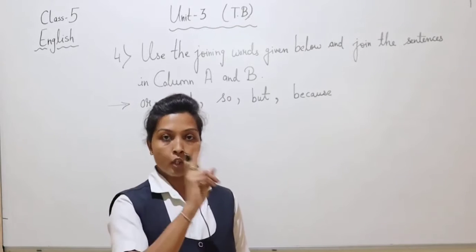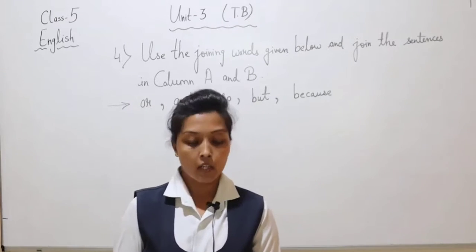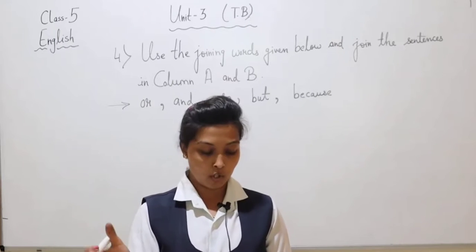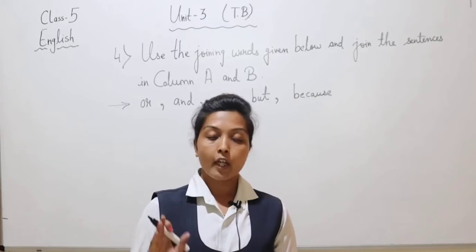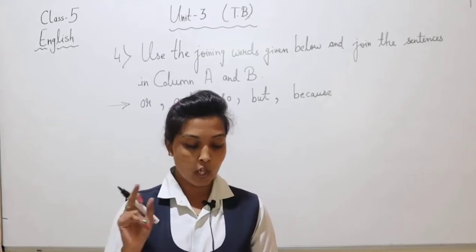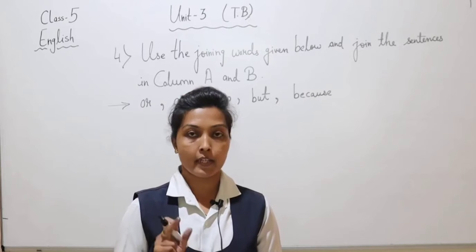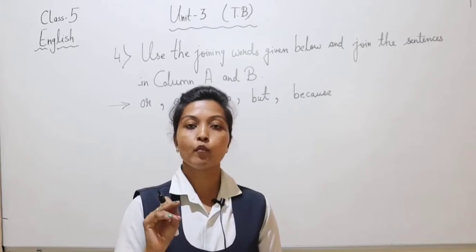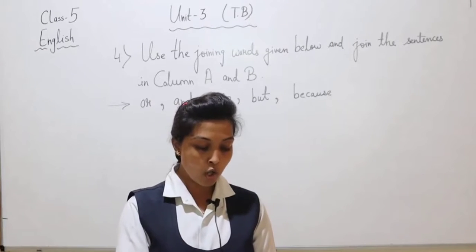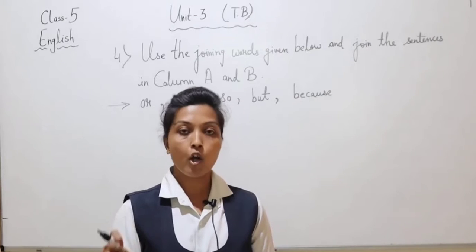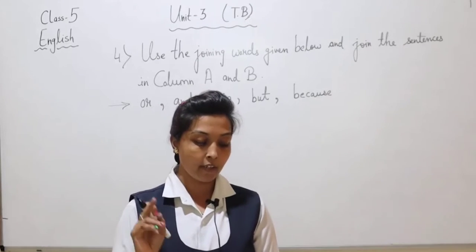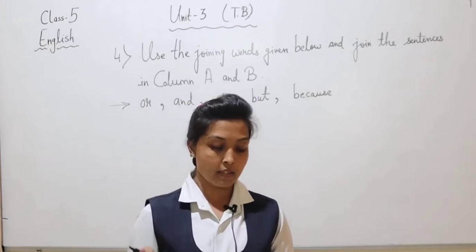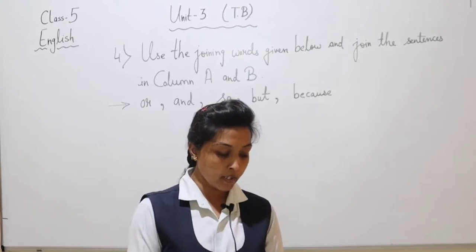In both the columns the sentence is given: he wanted a book for his birthday, and he wanted a football for his birthday. So we join these by using or, and the sentence is now: he wanted a book or a football for his birthday. Again, the repeating words we are not going to use in the sentence. Clear?